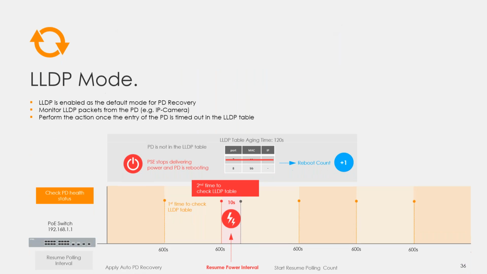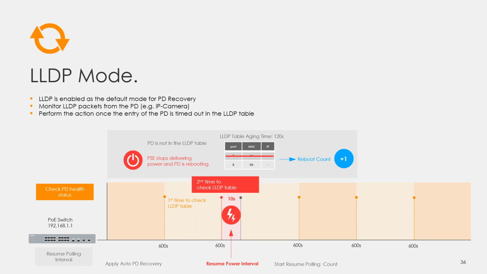By standard, all of these timers, etc. are adjustable from the web GUI, but as standard, it works this way. By default, LLDP packets are sent from the switch and from the camera in intervals of 30 seconds.